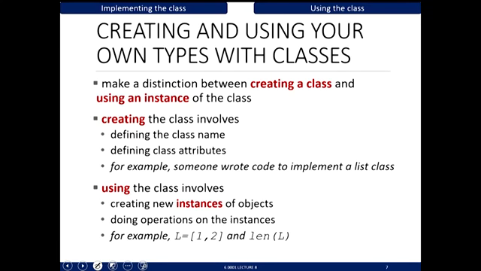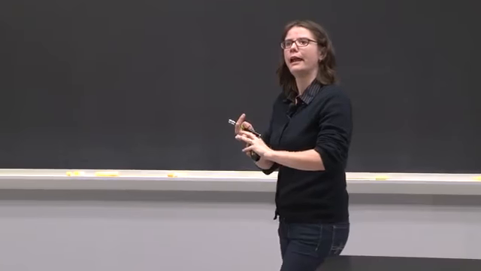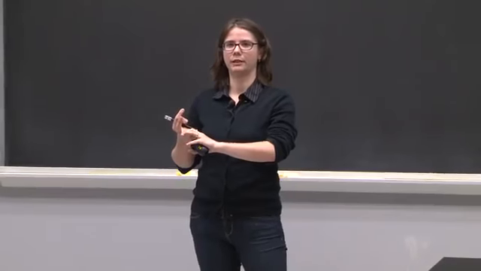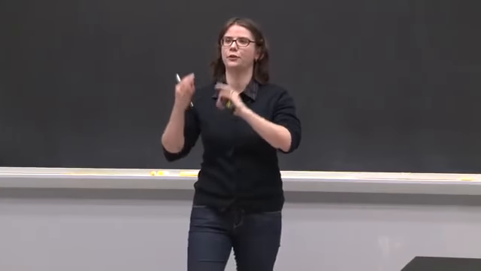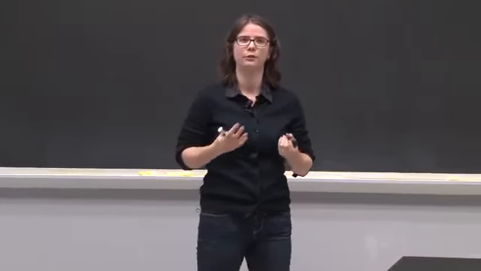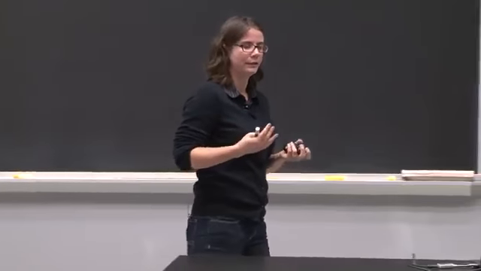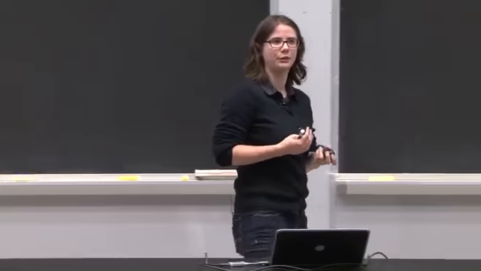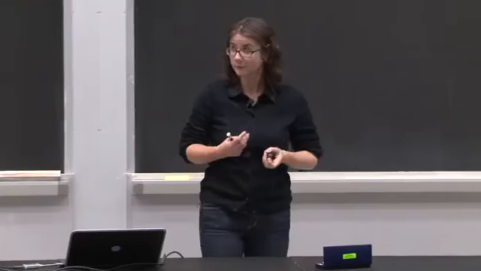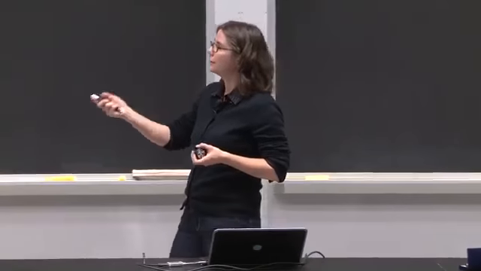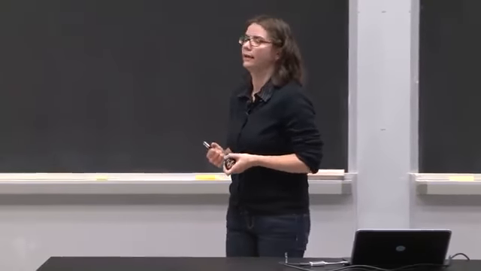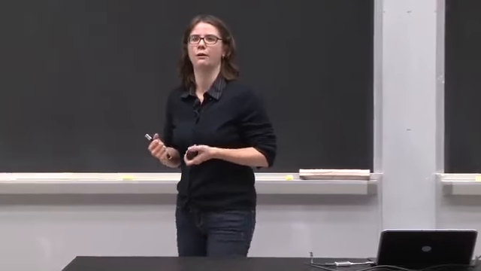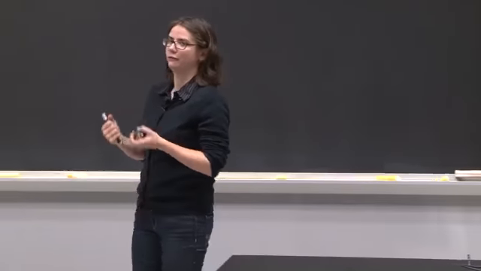The attributes are going to be the data representation and ways that you can interact with your object. So you, as the programmer of this class, are going to decide how you want people to interact with your object and what data this object is going to have. For example, someone wrote code that implements a list class, and we don't actually know how that was done, but we can find out.